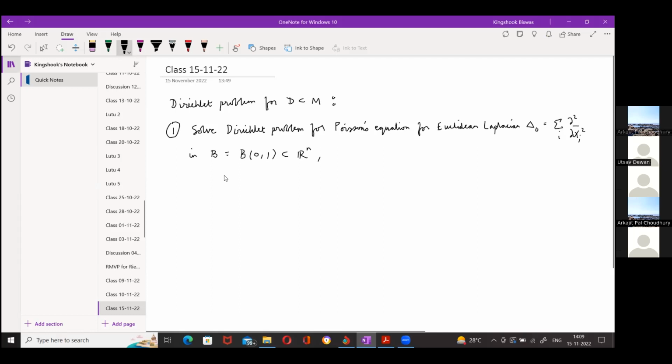Okay. So here we solve the problem delta naught u equal to f and u equal to 0 on boundary B, okay, where f was alpha Hölder on the ball. u was C2 on the ball and C0 on the closure.